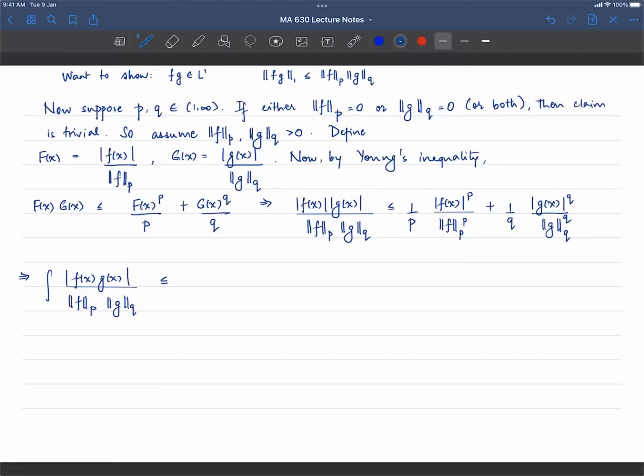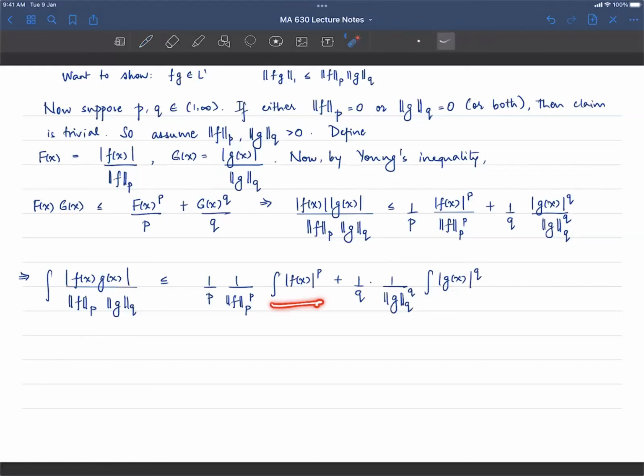This is going to be less than or equal to 1 over p, 1 over the p norm of f to the p, integral of the absolute value of f(x) to the p, plus 1 over q, 1 over the q norm of g to the q, integral of the absolute value of g(x) to the q. Any questions with this?